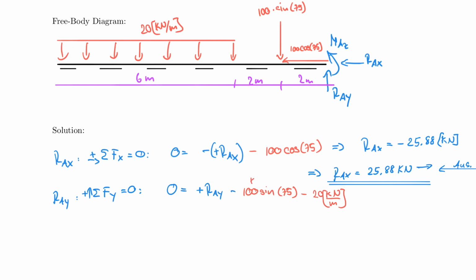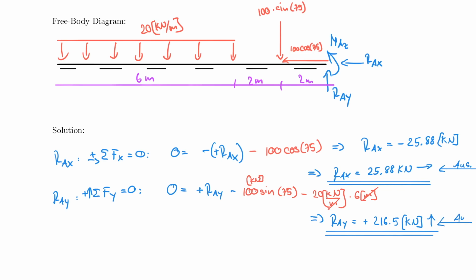By the way, this is also in kilonewton. 20 kilonewton per meter times 6 meters. And notice that this completes it already because this crosses out. And now I already have the right unit. And what I will find if I solve this is that RAY is equal to positive 216.5 kilonewton. And that means that it's pointing upwards. I assumed that correctly. So I can make this my answer.